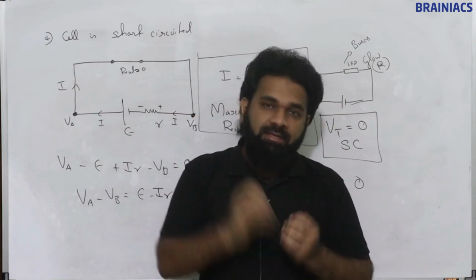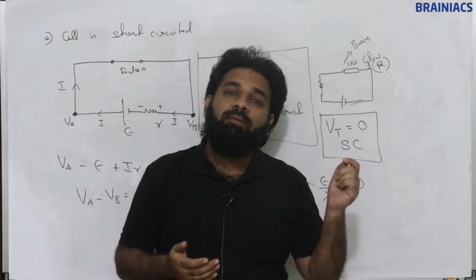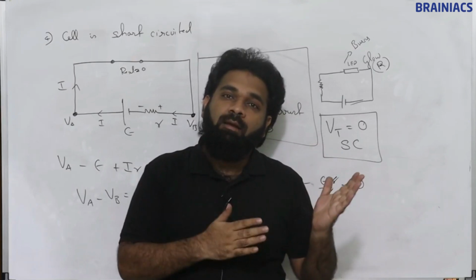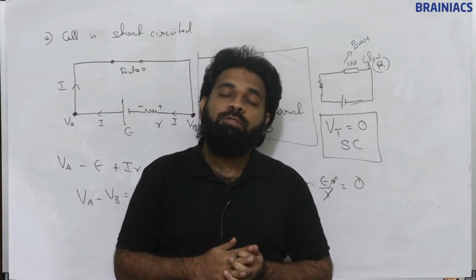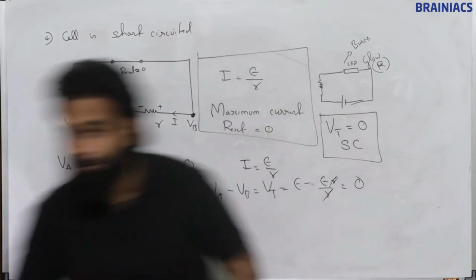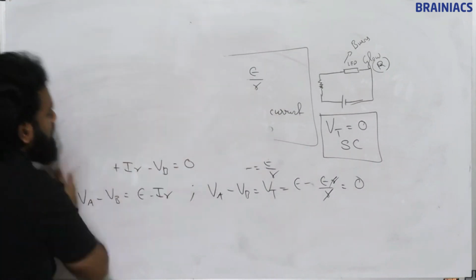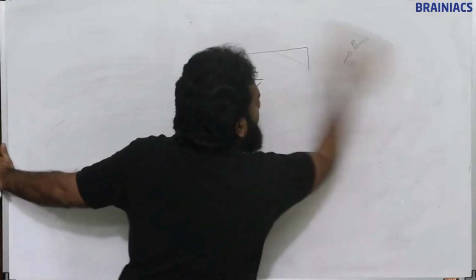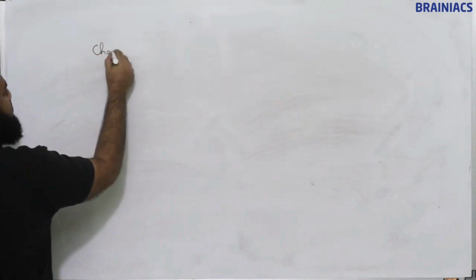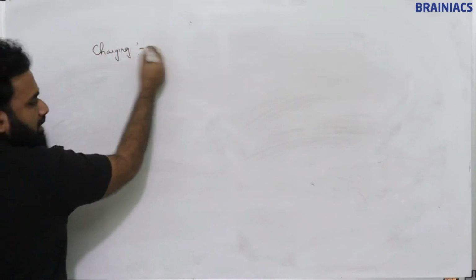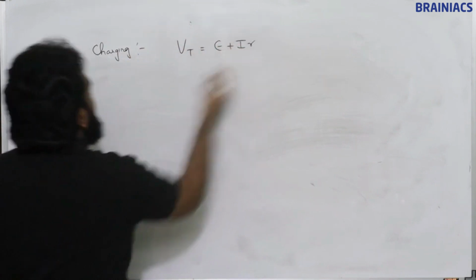Charging and discharging, open circuit, short circuit. Charging is nothing but we are using a bigger cell to charge our cell, the cell under consideration. So there the terminal potential difference VT will be E plus Ir. So for charging, the terminal potential difference is E plus Ir.